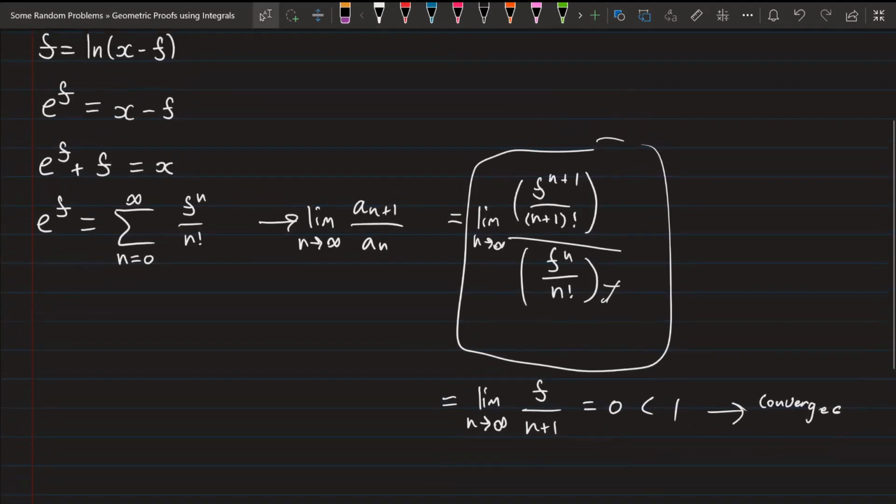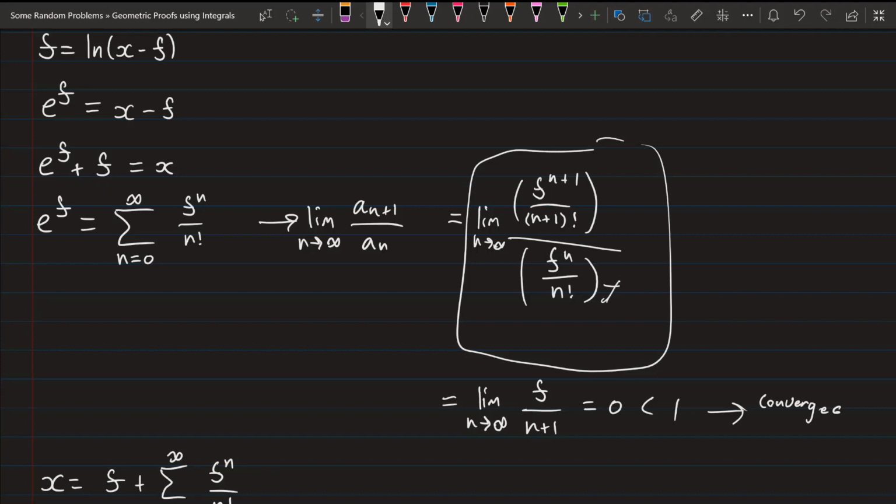And now what we can do is allow x to equal f plus this sum from n is equal to 0 to infinity of f to the n over n factorial.